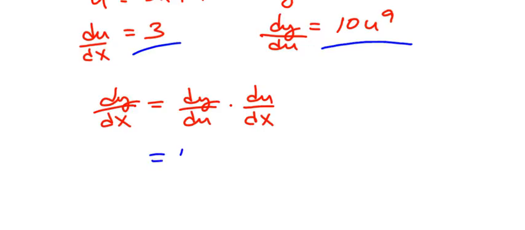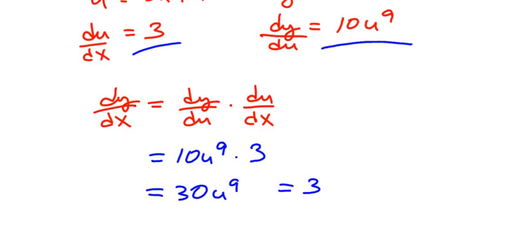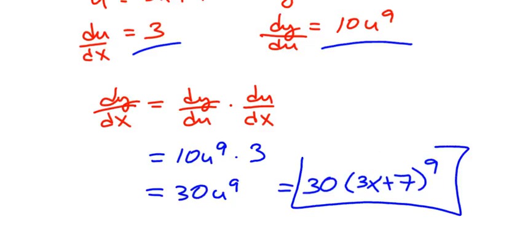So I've got 10u to the 9th times 3. This is now really 30 times u to the 9th. Last step is to resubstitute what I used for the u, which was 3x plus 7, to the 9th. And that is our derivative using version 1 of the chain rule.